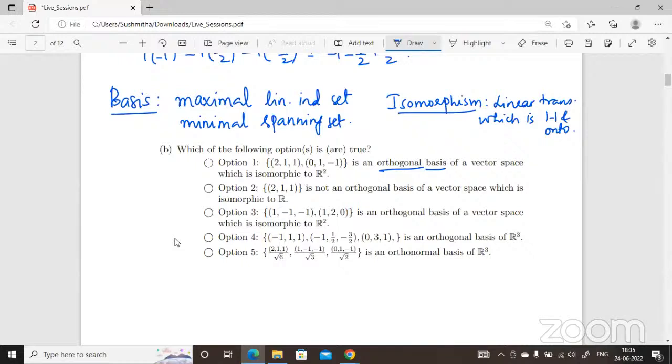We have an orthogonal set. Can this set be a basis for some vector space? What is the vector space? R2 has only 2 components, x comma y.